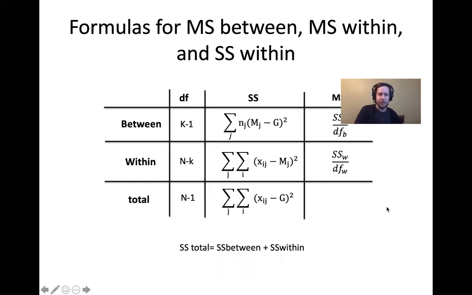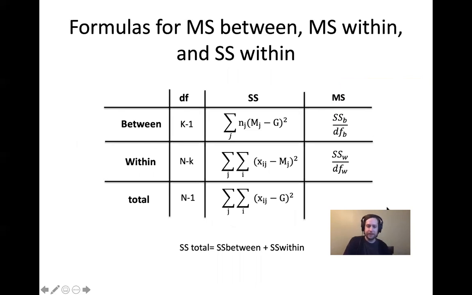Just for the sake of showing you, these are the formulas we would use if we were calculating MS between, the numerator, and MS within, the denominator, by hand. Here are the formulas right here. The book actually talks about these. It does a particularly good job talking about SS between, which is part of calculating MS between. The numerator and the denominator of F always involve sum of squares, just different ways of calculating sum of squares.